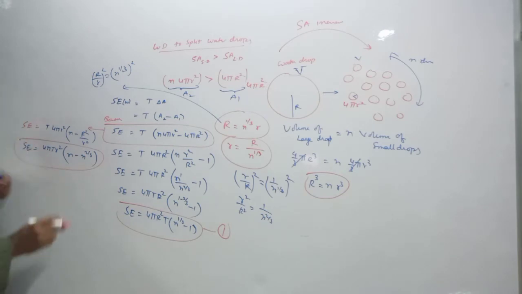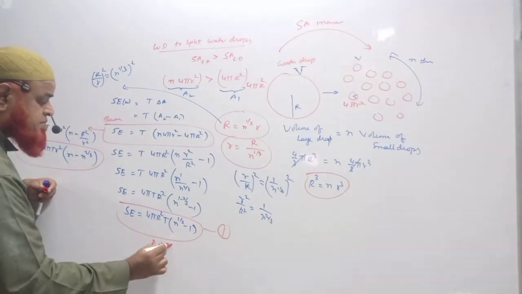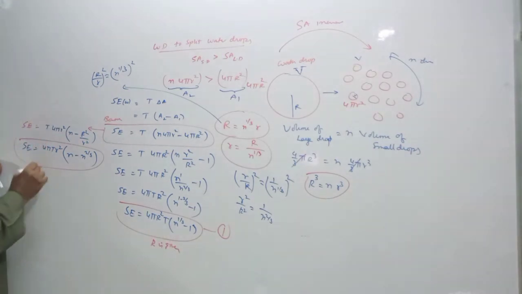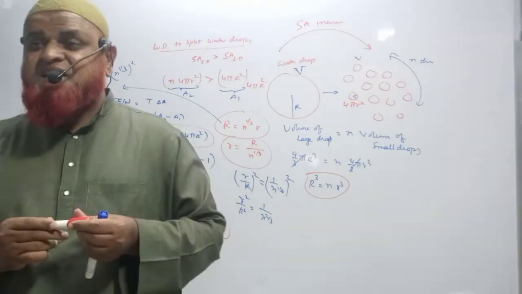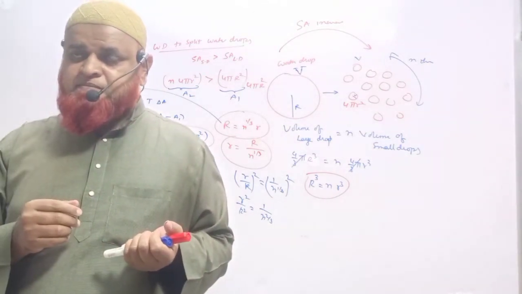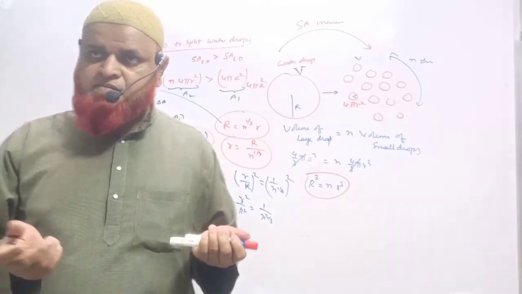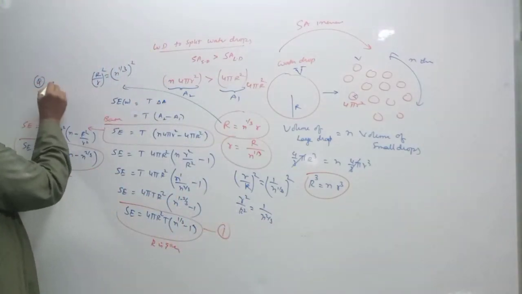So when these formulas are applied, this one is applied when capital R is given. Understand? This one is applied when small r is given. And n means how many drops? One large drop is converted into 27 drops. For example, the question is given like this.